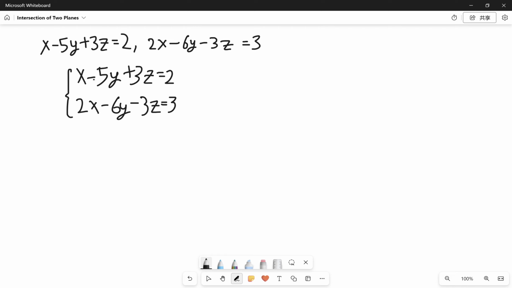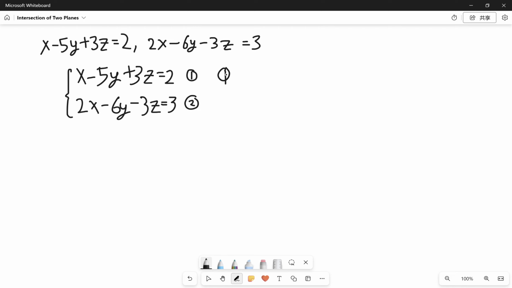Well, obviously we can't actually solve this because there are 3 variables and 2 equations. But what we can do is use our usual method, which is eliminating variables.